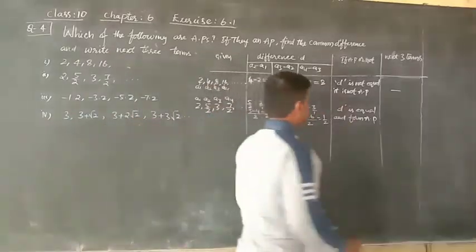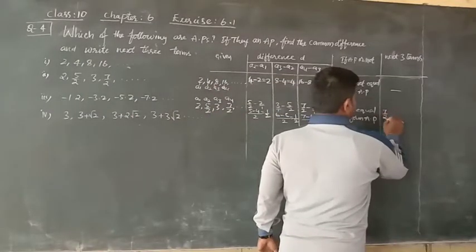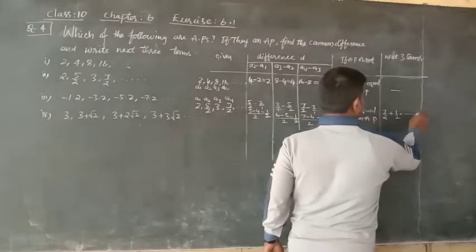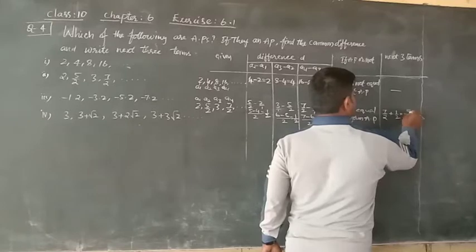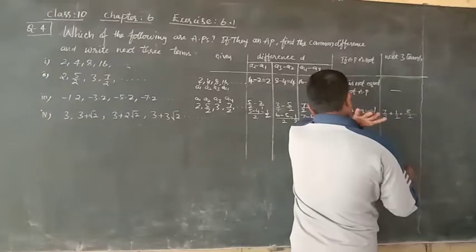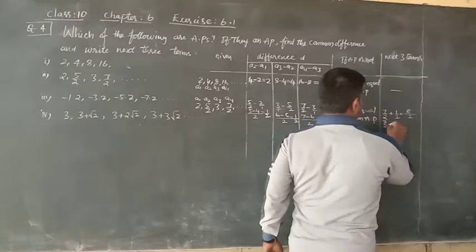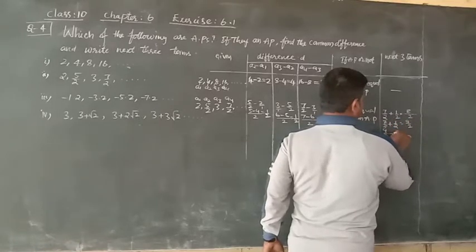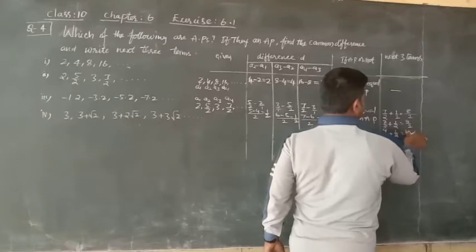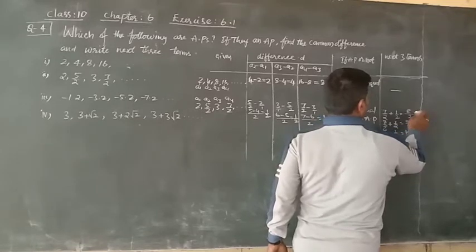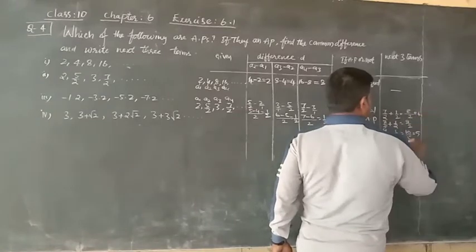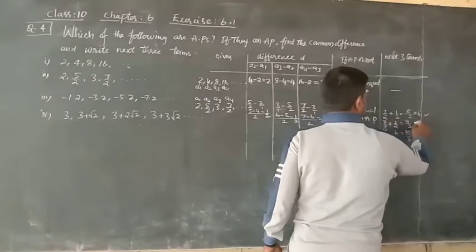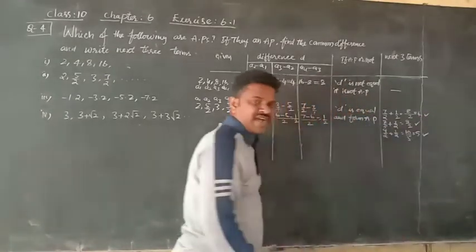We just add the difference, 1 by 2. 7 plus 1 is 8, so 8 by 2 is the first term, which equals 4. 8 by 2 plus 1 by 2 is 9 by 2. 9 by 2 plus 1 by 2 is 10 by 2, which equals 5. So the three terms are 4, 9 by 2 and 5.